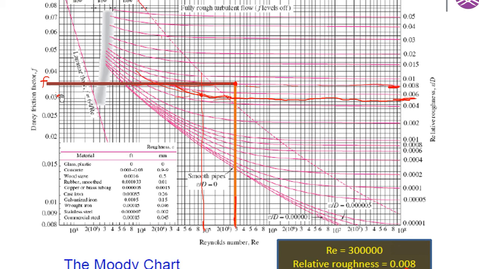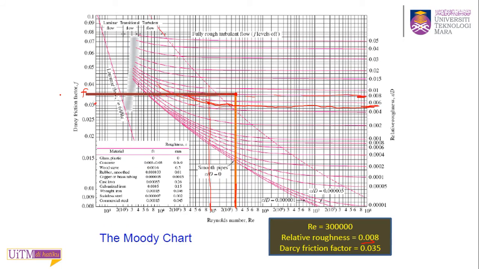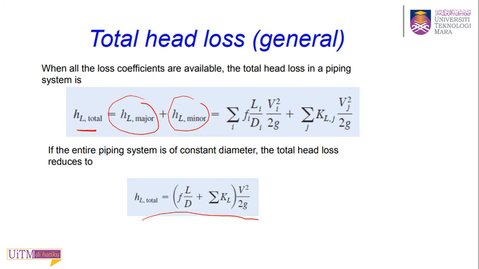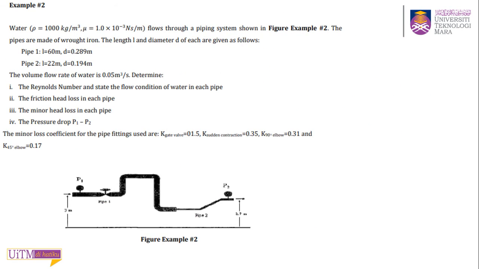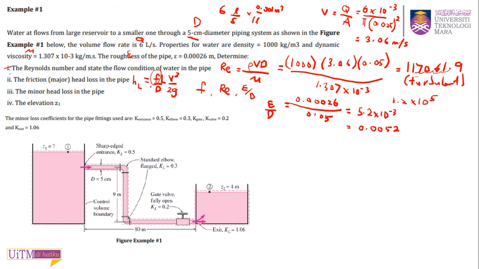Right, so we can go back to our calculation. To find your friction factor, you get your F 0.029. So HL is equal to 0.029, your friction factor.